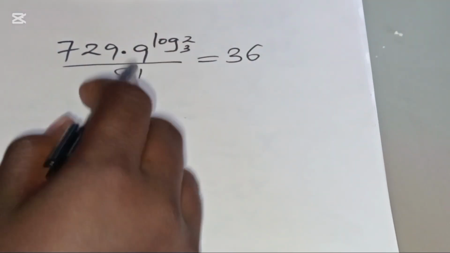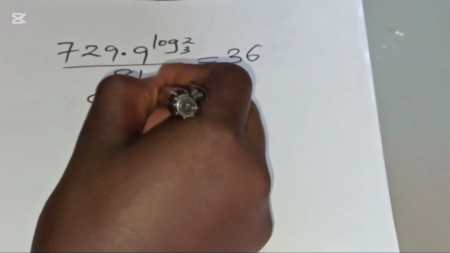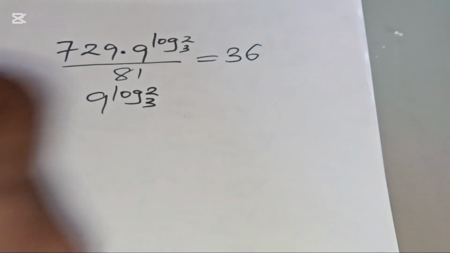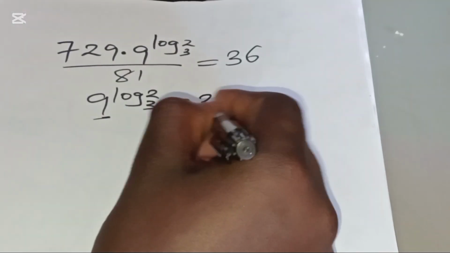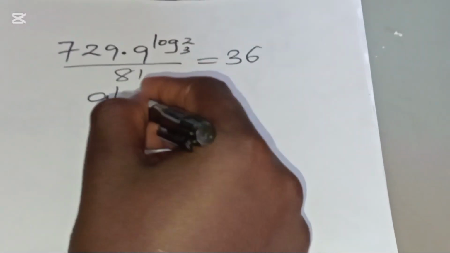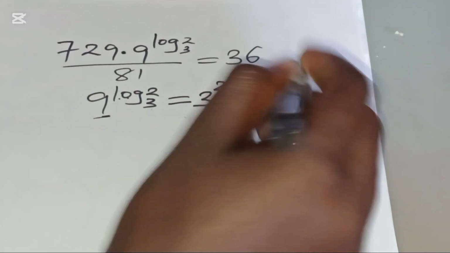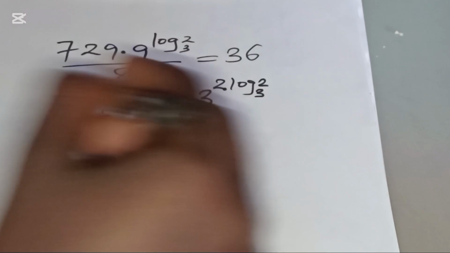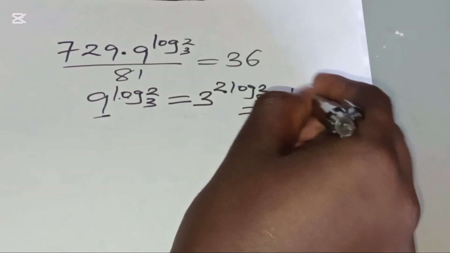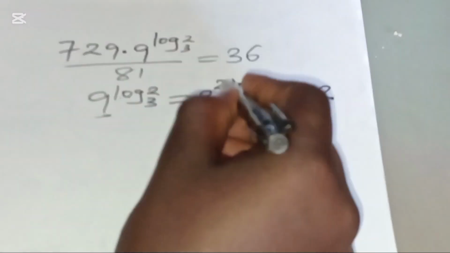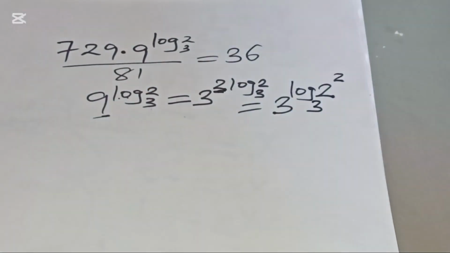Now, 9 to power log 2 to base 3 can also be expressed as, now 9 can be expressed as 3 to power 2, okay? Then log 2 to base 3, which you can also express as 3 to power log 2 squared to base 3, okay?